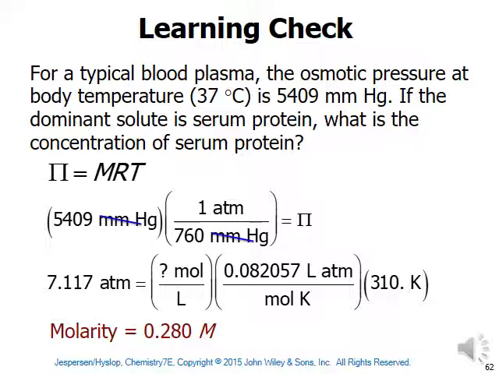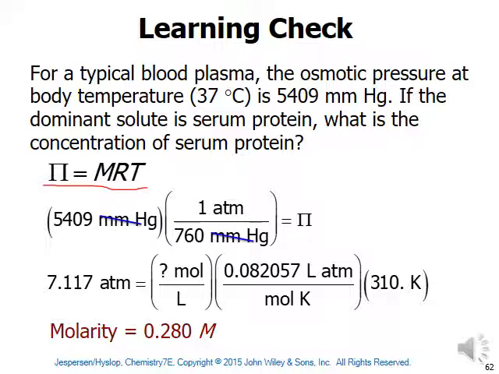For a typical blood plasma, the osmotic pressure at body temperature is 5,409 millimeters of mercury. The dominant solute is serum protein. What is the concentration of the serum protein? Okay, we use this formula.